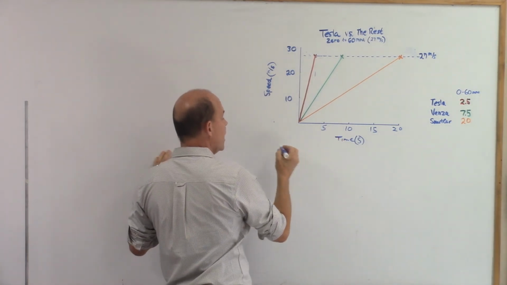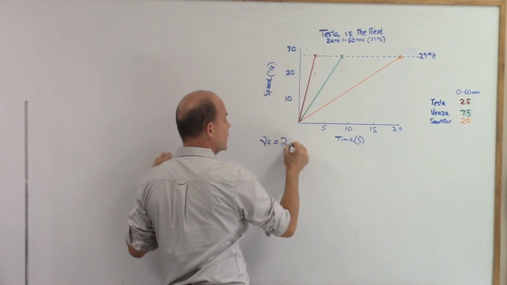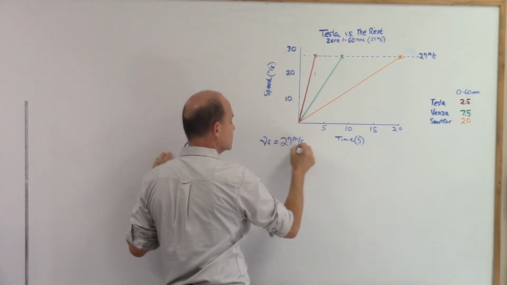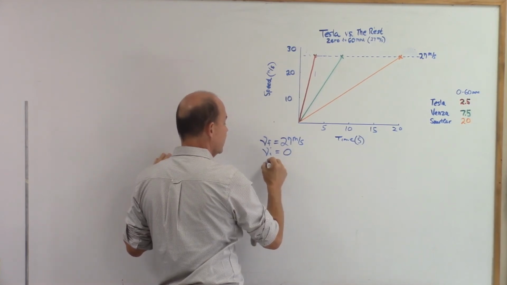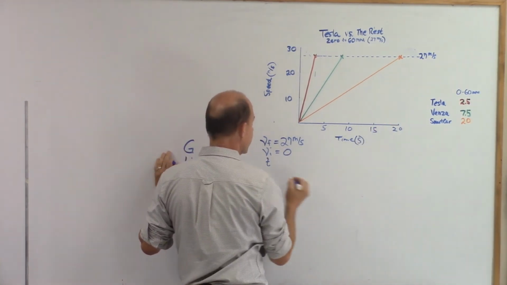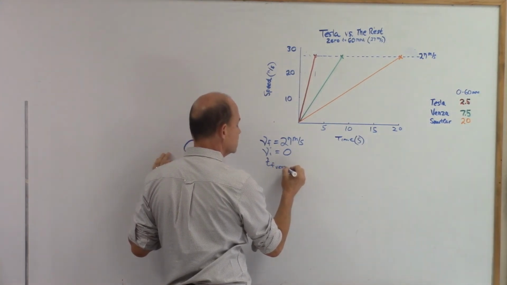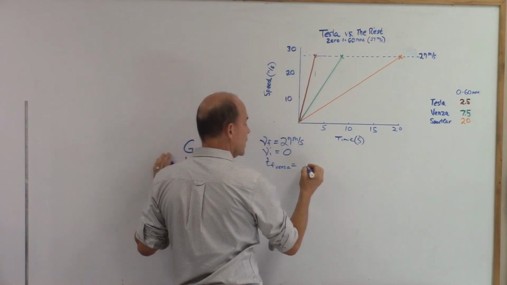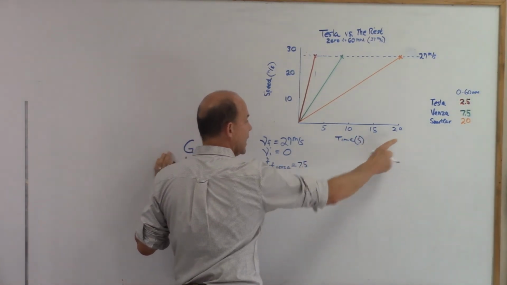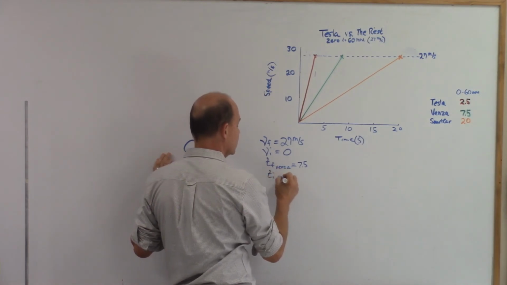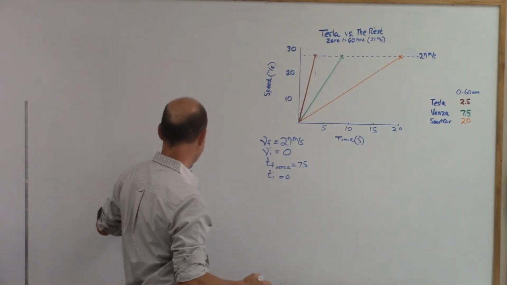This time we are given that the final velocity, again, is equal to 27 meters per second. The initial velocity, of course, is 0. The final time, now then, for the Toyota Venza is equal to 7.5. And the initial time is equal to 0. All right?